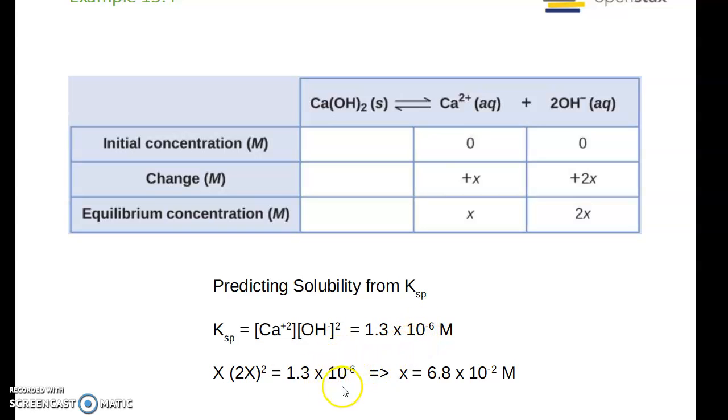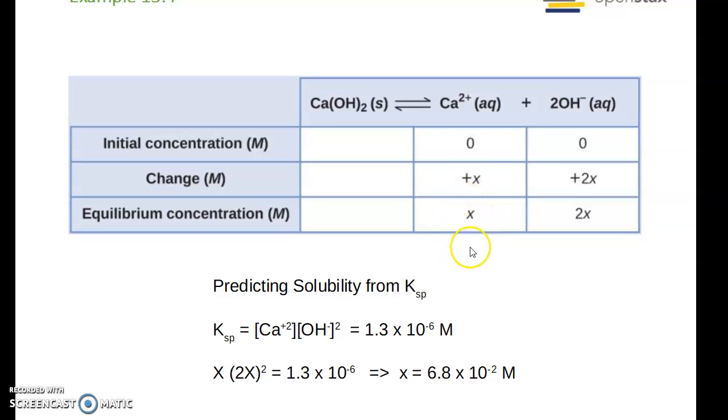You leave this as 10 to the minus 6th, because that is easily divided by 3, isn't it? 6 divided by 3 gives you a minus 2. And the cube root of 1.3 is 6.8. So that's how you determine the individual concentration.